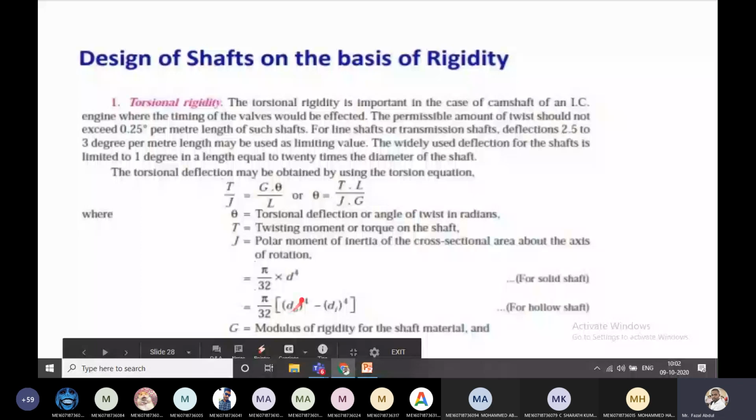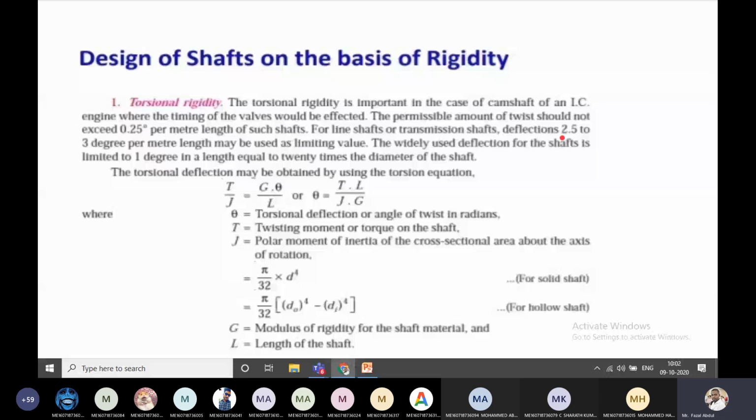Sometimes the theta value is assumed as 0.25 degree, 2.5 to 3 degrees, or 1 degree. Sometimes the question asks for the torque, sometimes the length of the shaft, sometimes the modulus of rigidity.